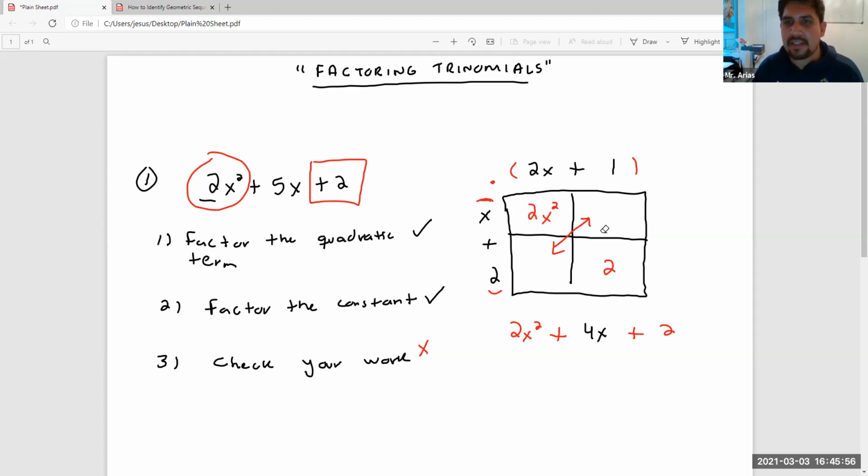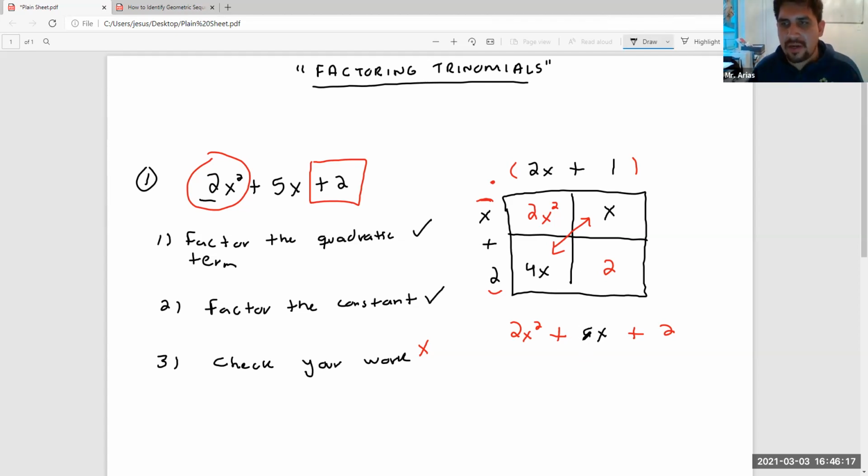And then 1 times x is equal to 1x. So that'll be my new answer. And then if I multiply the 2x from the base by the 2 from the height, we get 4x. So now if you add x plus 4x, we do get 5x, which is the answer that was expected initially.